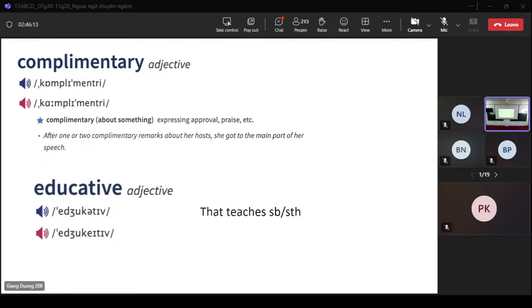Educative means that teaches somebody or something. Educational means belonging to education. Educative là có tính giáo dục. Còn educational là thuộc về giáo dục. Educative method means a method that can teach us something. Một cái phương pháp mà có tính giáo dục, tức là nó sẽ dạy cho mình được một cái điều gì đó.